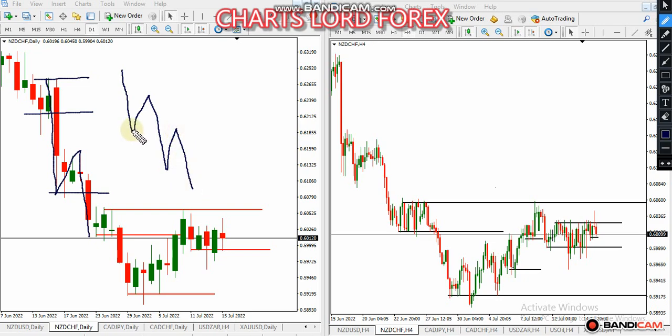So the low here gets lower, the low here gets lower, and the high here gets lower like that. That is what we call a downtrend in the market.